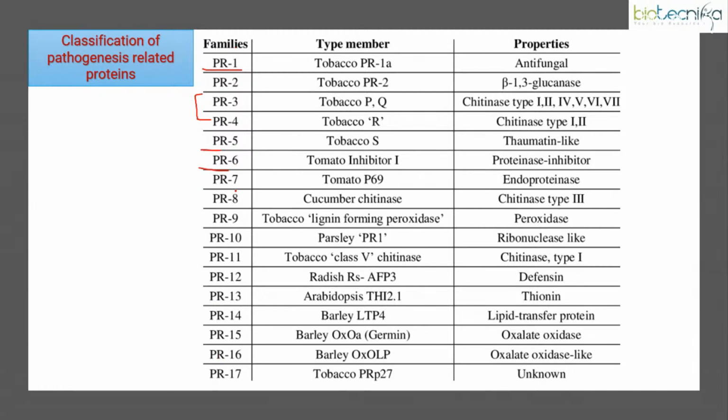So based upon the PR protein, there are different properties. So this table is again important from the examination point of view. You can expect a question like the way I asked you, that is the direct question in tabular form. Sometimes they will provide you with the same question in the form of statements, wherein you have to identify the correct combination of statements. Okay.